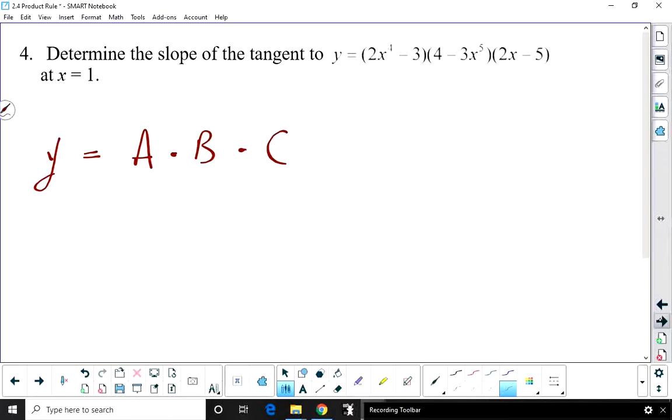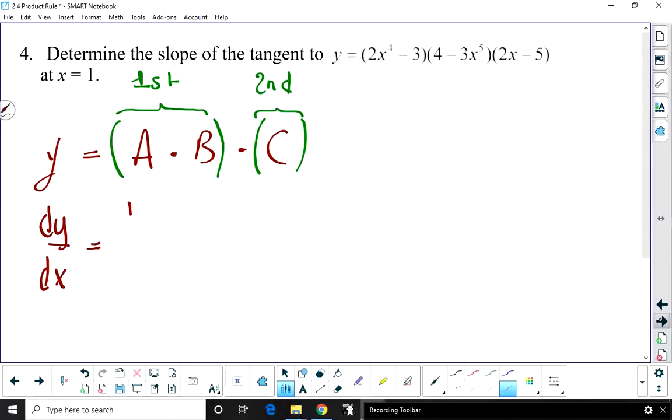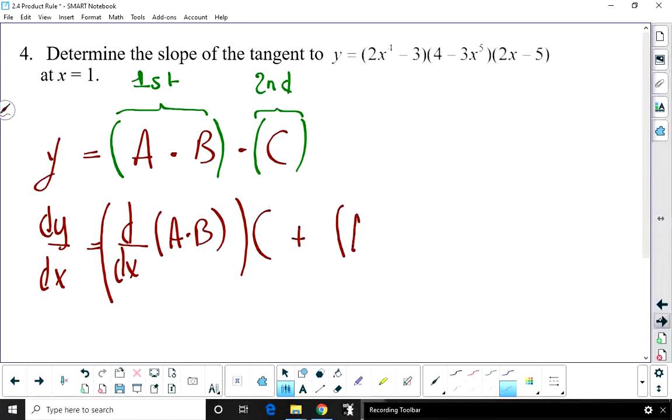Well, what I can do is I can group these to talk about this being the first and this being the second, which would mean the derivative of this whole function y would be the derivative with respect to x of ab, then multiplied by c, plus a times b, then multiplied by the derivative with respect to x of c. And I hope I didn't lose anybody with that. Derivative of the first times the second plus first times derivative of the second.